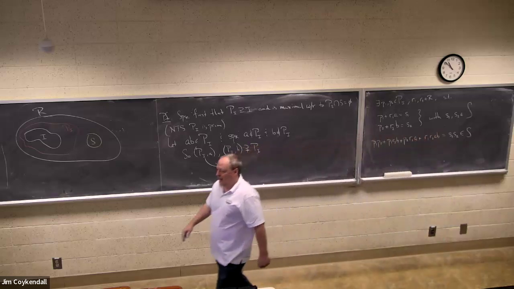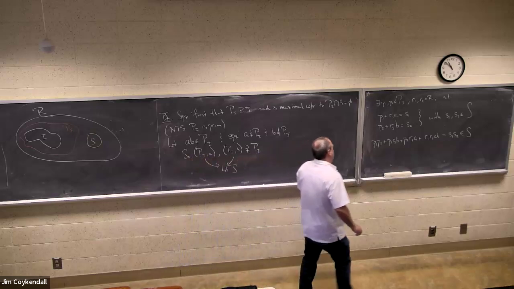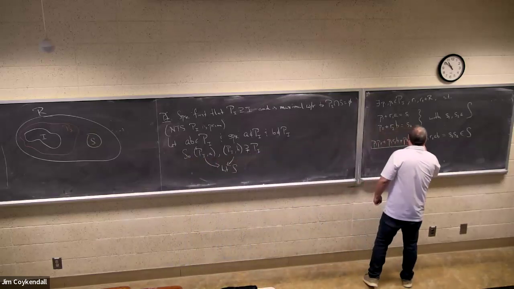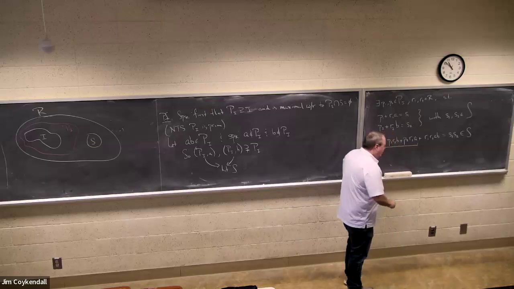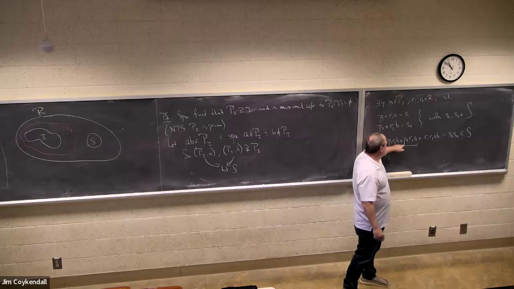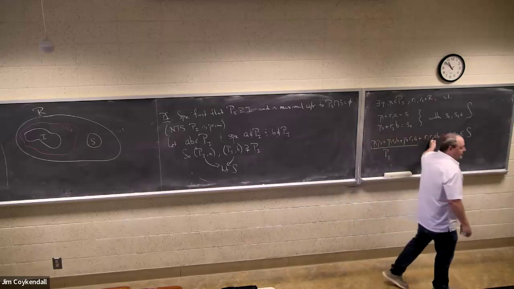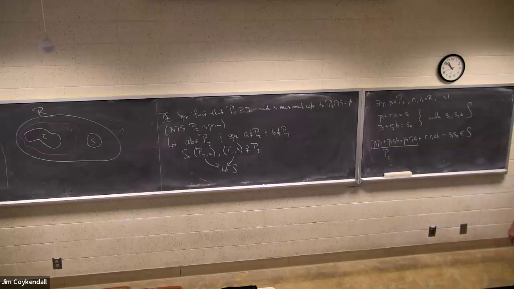But at the same time, it's clear, isn't it, that this is in P sub I? Because P1 is, P2 is. Everybody okay with that? Why is the rest in P sub I?